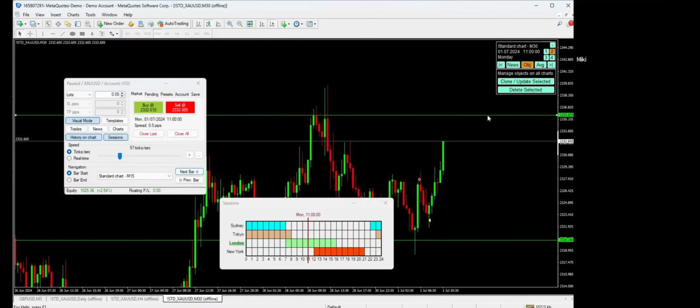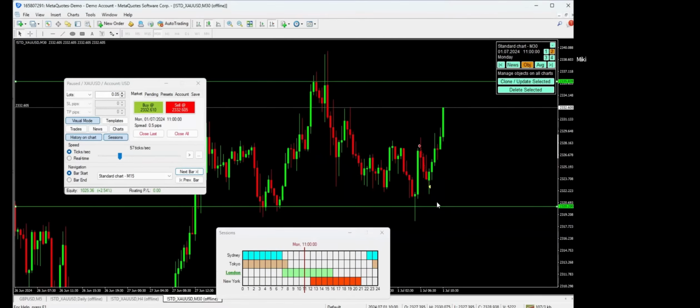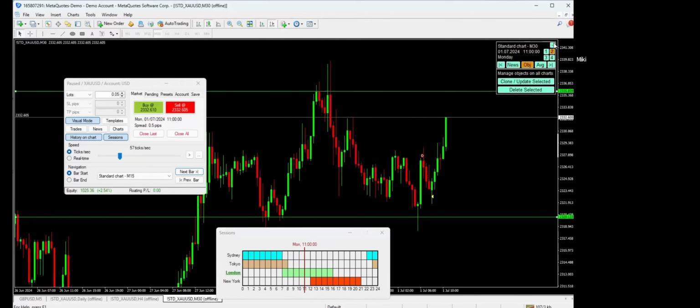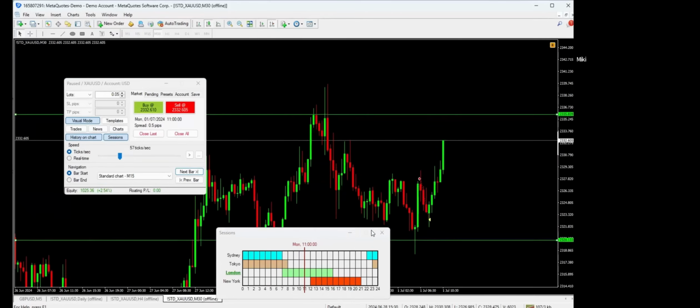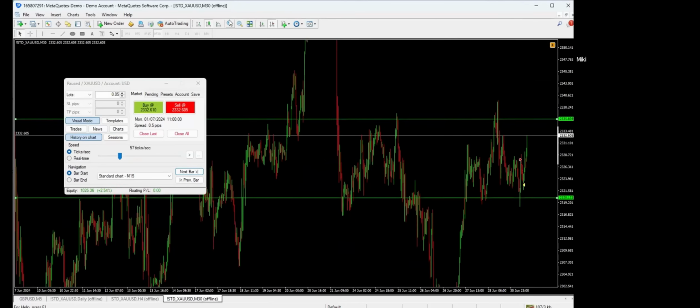We've got a resistance here, and this is still the best support, really, because it's had the most retests. All right, so we don't want to go across. I want to zoom out.